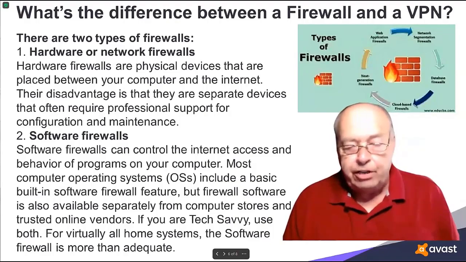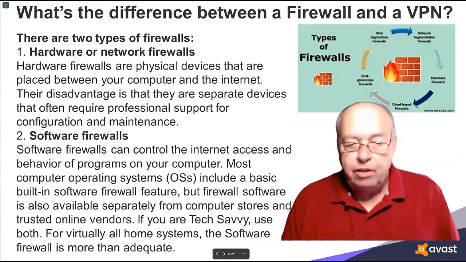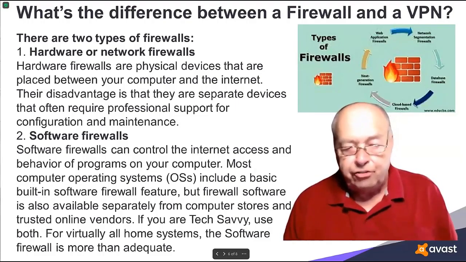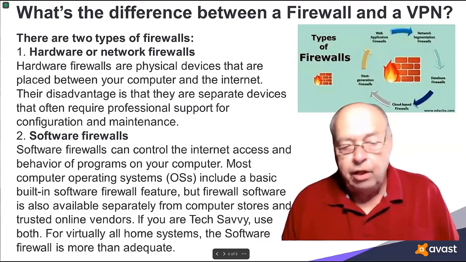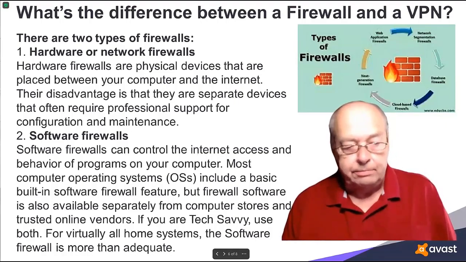Most computer operating systems include a basic built-in software firewall feature, but firewall software is also available separately from computer stores and trusted online vendors. If you are tech savvy, use both. For virtually all home systems, the software firewall is more than adequate.